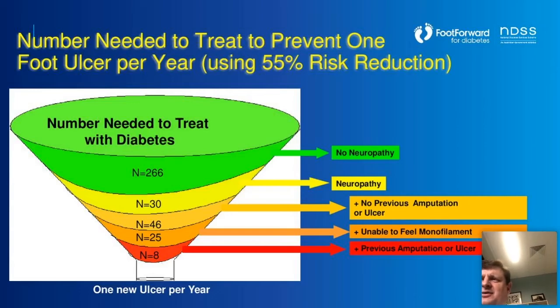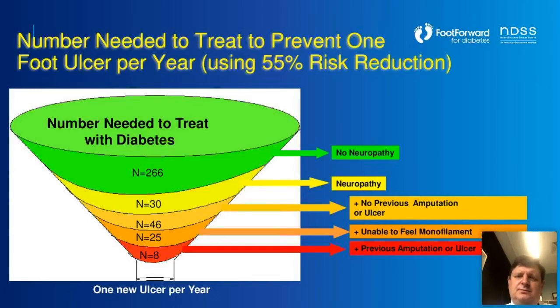The challenge is there, sometimes the feet are very deformed, sometimes there are behavioural issues in those individuals, which would be hard to reduce the risk by 50%. But as you can see, assessing for presence of peripheral neuropathy is very important. You can target the individuals that need more intensive follow-up, education, and overall management.